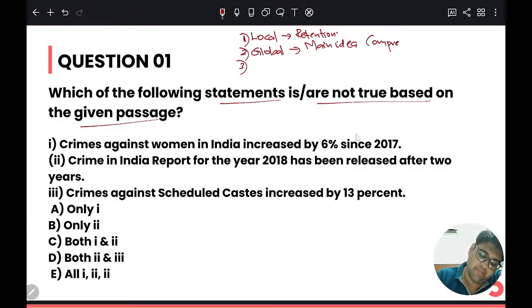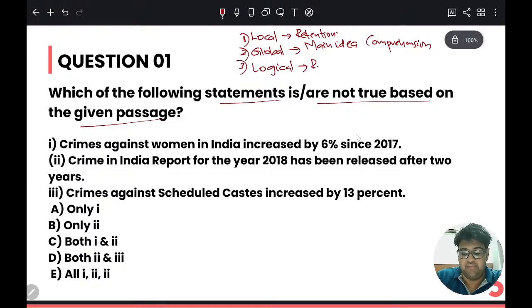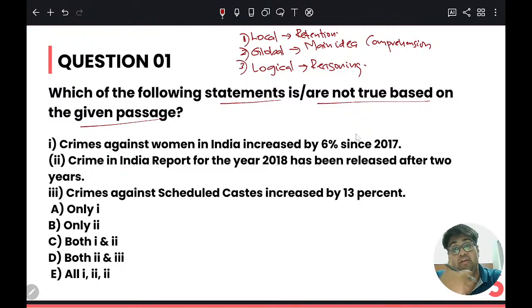And then you have logical questions that involve inference and reasoning, which I call reasoning based questions. You need to understand the central argument and then reason it out using your logic. Only then can you solve it.